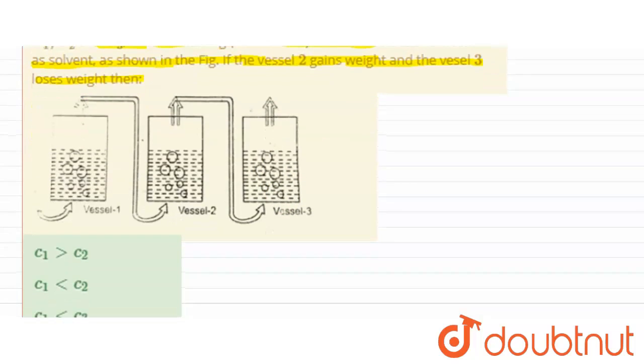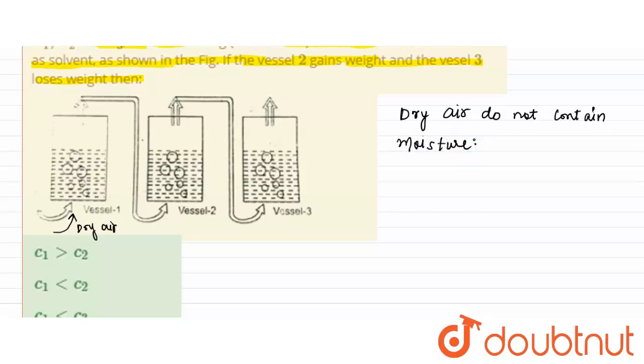is passed. So first of all, you need to see very well that when dry air is passed into this vessel, right? Dry air does not contain moisture.